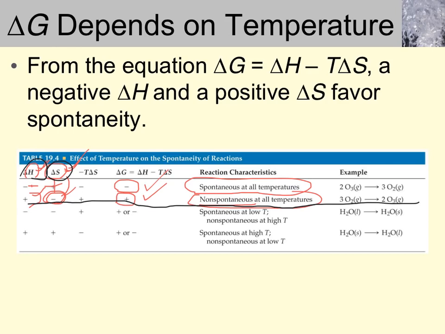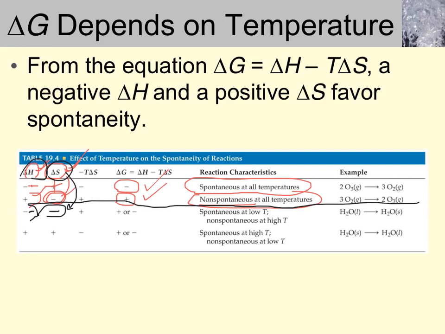You could have a situation where enthalpy is favorable, which means it has a negative mathematical sign of negative. That's exothermic, that's energetically favorable. And you might have that in that same situation have entropy that's unfavorable. A change in entropy that's negative would be unfavorable. So which of these wins?